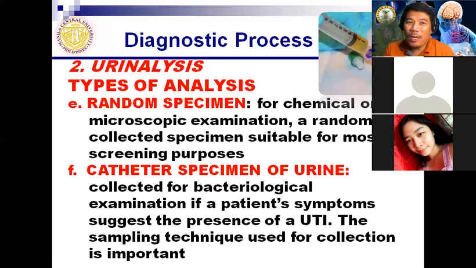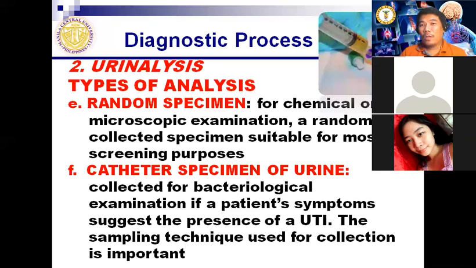Next, we have the catheter specimen of urine. This is applicable if the client is on a Foley catheter, or if the client has problems with distension and may have a straight catheter. Catheterization is very important for purposes of monitoring kidney function.